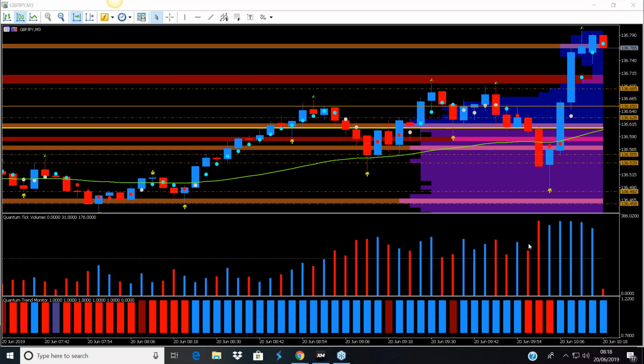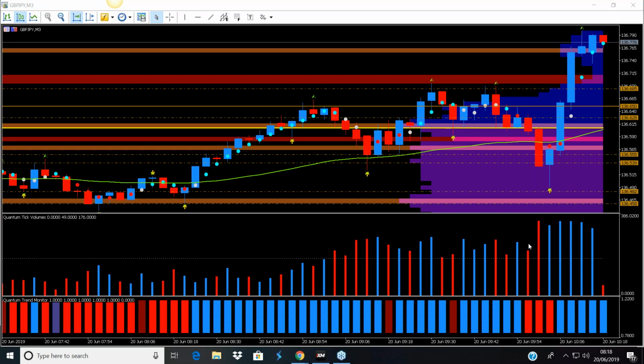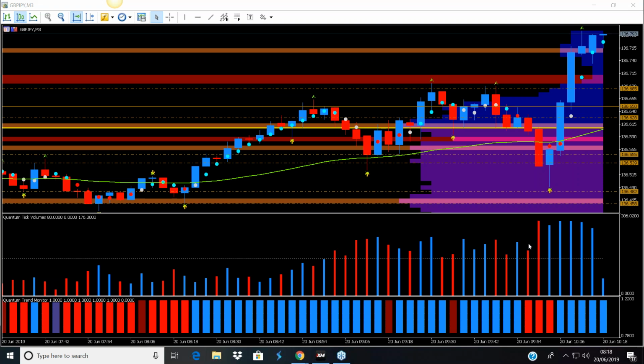And because there's no central exchange in Forex, you can't really compare volume feeds between brokers, because they'll all be taking a volume feed from the different market makers and providers in the market. So you'll never get an exact replica of what we're seeing from one broker to the other, but it's pretty good.